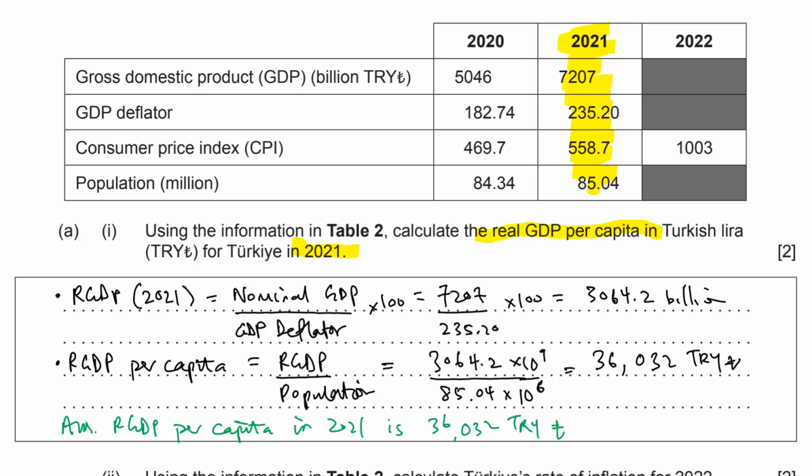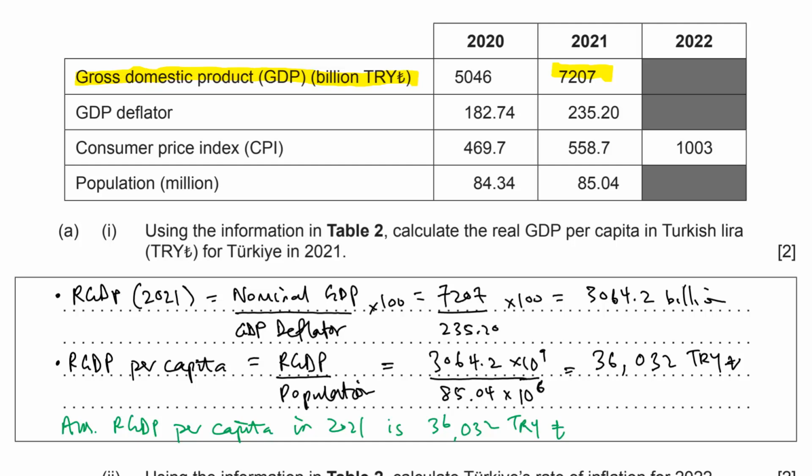What we have to do specifically is get the real GDP per capita. The way we calculate real GDP per capita, first off, is we need to get real GDP. Here we've been given this figure of GDP in billions of Turkish lira. Now this, as in 2022, the GDP is 7,207 billion Turkish lira.